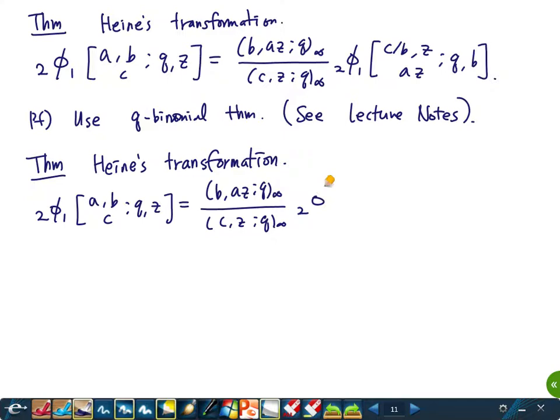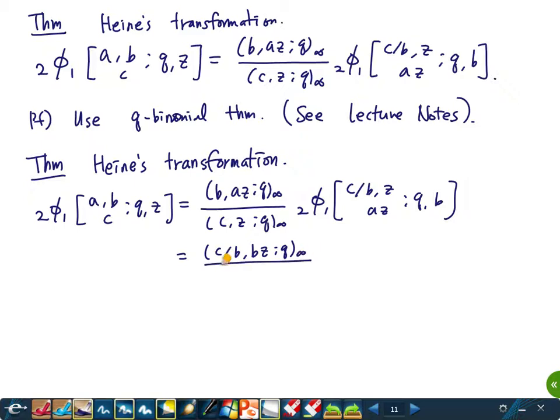I'm just rewriting this, and you apply the same thing over here, then you get C over B. There's a different form.